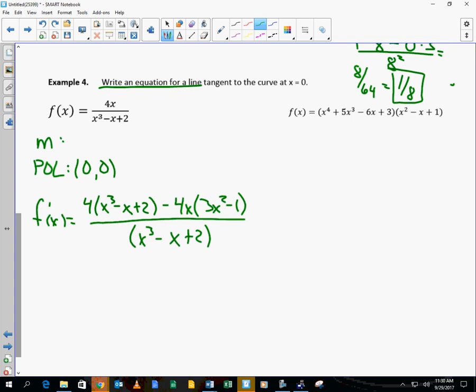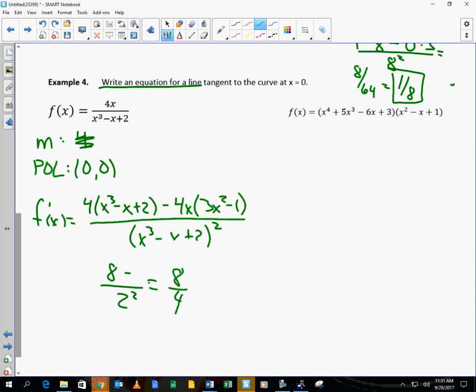So on the test, or on the AP exam, don't bother trying to simplify. Just plug in 0. So 4 times what? 2 is 8 minus 0 over 2. Whoops, I'm sorry. The bottom is squared. 2 squared. So we get 8 over 4, which is 2.